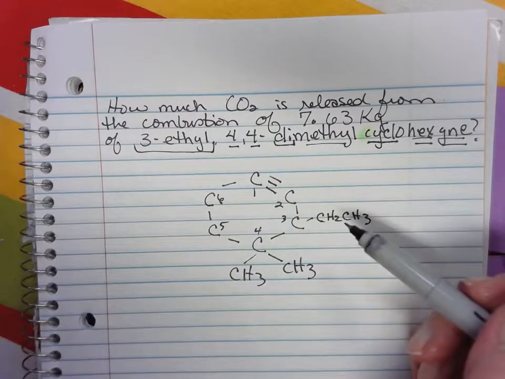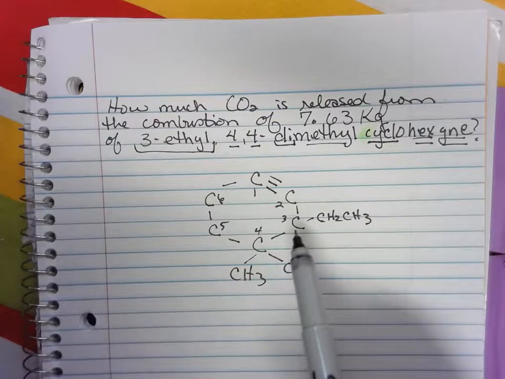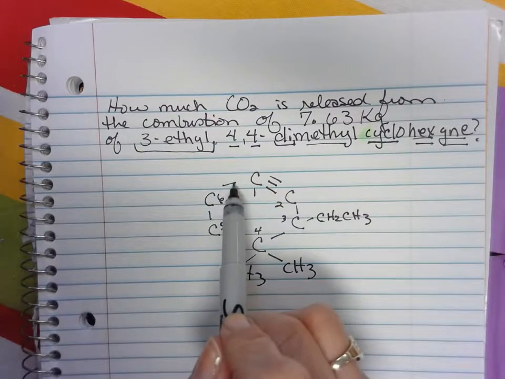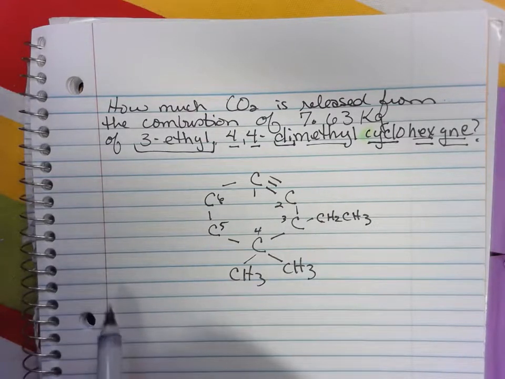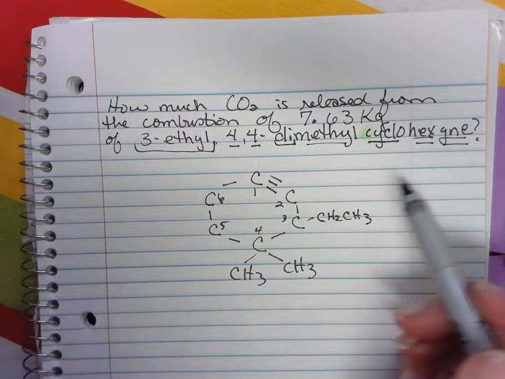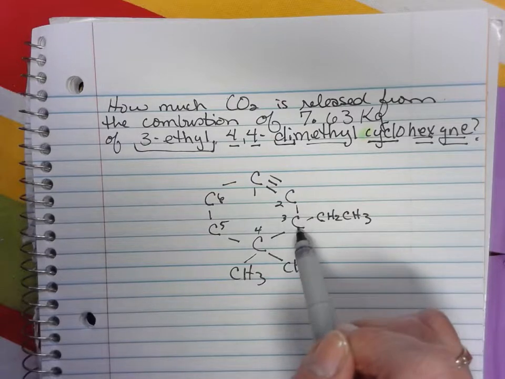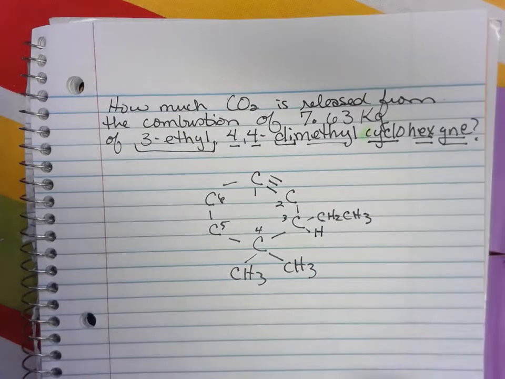At this point, I'm not finished yet because I have to add in my hydrogens. Remember, each carbon has 4 bonds. So if I look here, I've got 1, 2, 3, 4 bonds around that carbon. No more hydrogens can be added. 1, 2, 3, 4 bonds around that carbon. Can't put any more hydrogens there. This carbon has 3 bonds, so I can put a hydrogen right here.